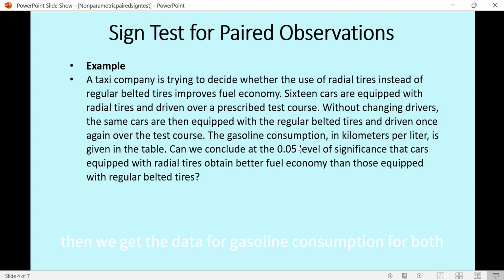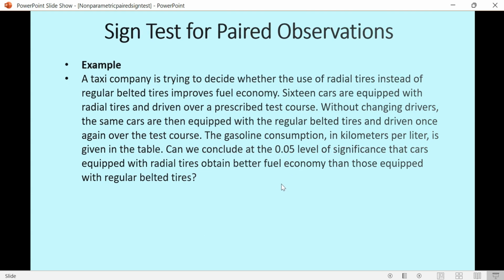Then we get the gasoline consumption data for both. The question is, can we conclude at the 0.05 level of significance that cars equipped with radial tires obtain better fuel economy than those equipped with regular belted tires?